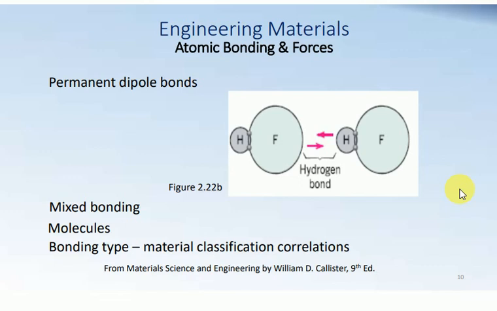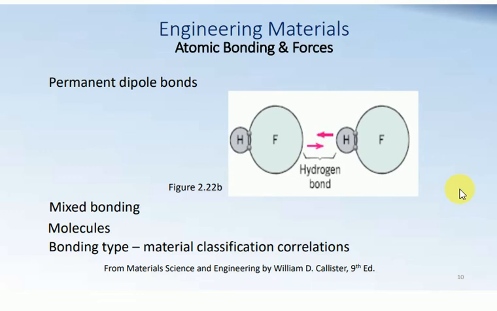If you read the material I uploaded on LMS, you will get to know how this bonding type could be related to materials classification. So please go to the reading material and write on one single page what type of bonding will result in different types of materials.